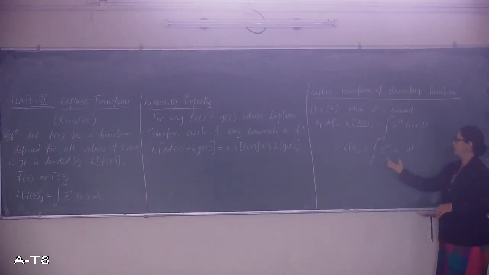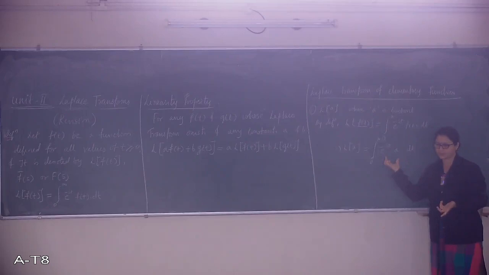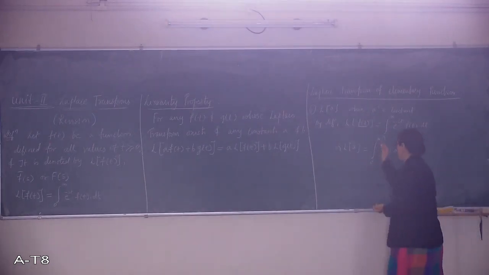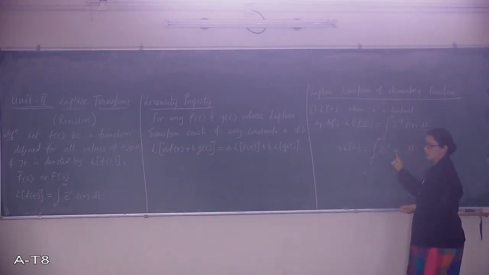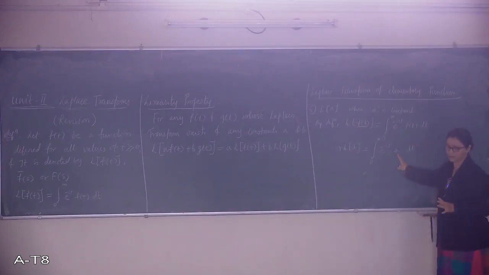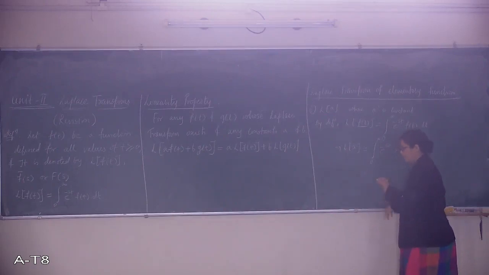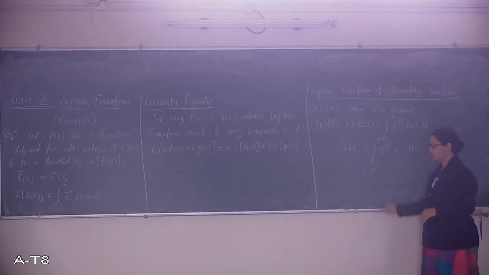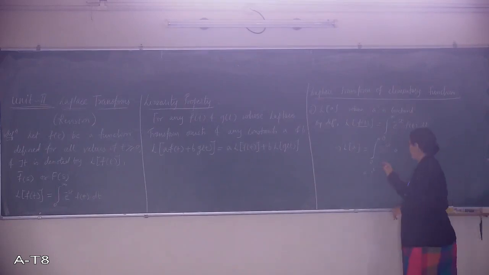Now we need to integrate this. After integrating and substituting, the result will be a function of s. Here a is a constant, and the only function of t in the integrand is e to the power minus st. So again we can make use of the linearity property: a into the integration from 0 to infinity of e to the power minus st dt.